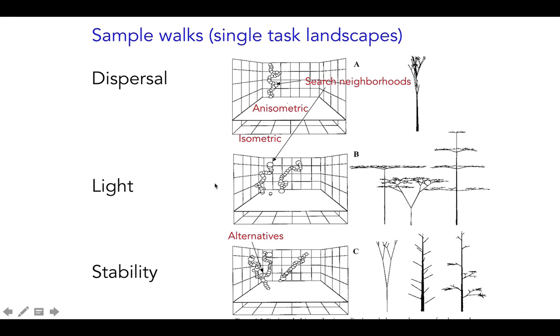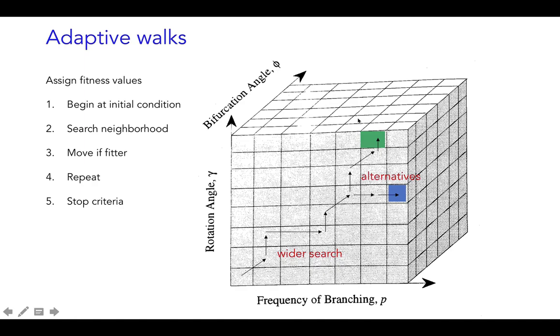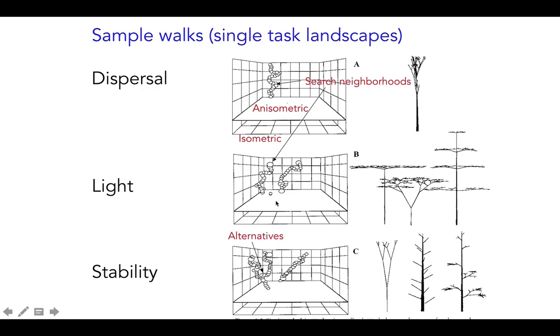And so if we take that initial Cooksonia design and we select for a phenotype that maximizes light availability, what you end up with is a phenotypic walk through phenotypic space that results in plant branching patterns that look like this in example B. If you notice, maximizing light availability gives you these very broad or splayed out canopies that, for the size of the plant, actually maximize light interception.